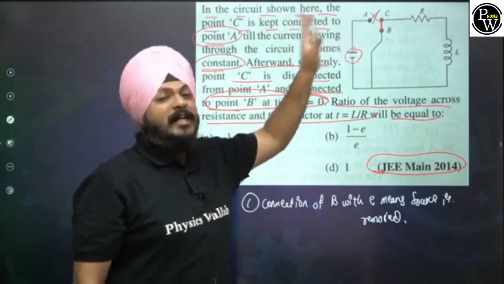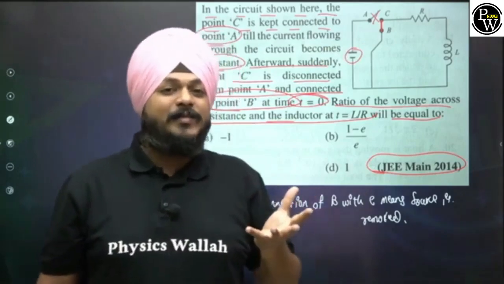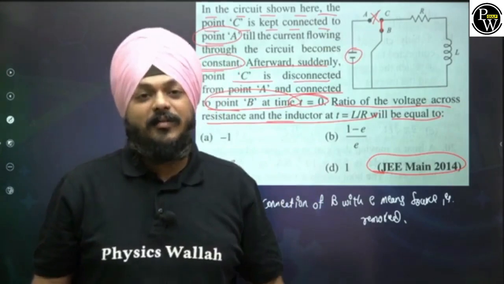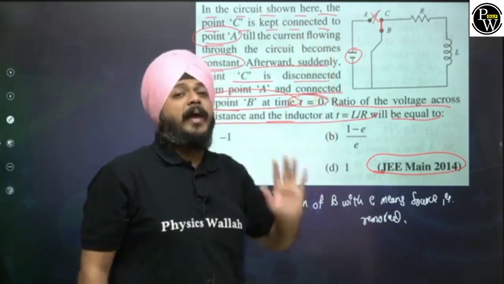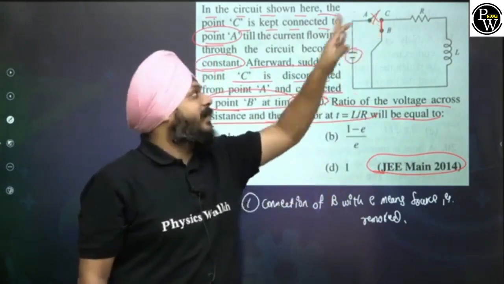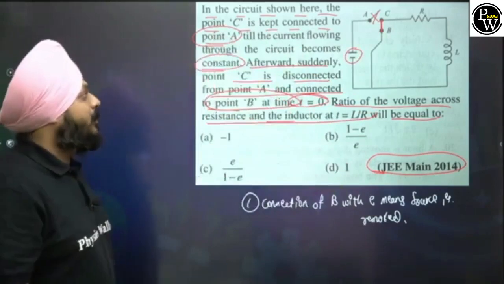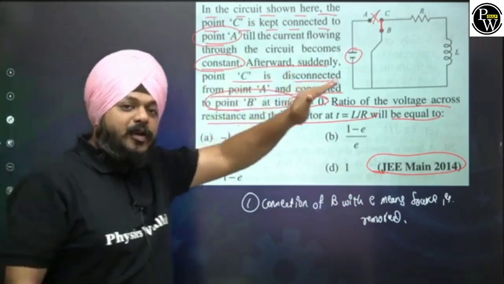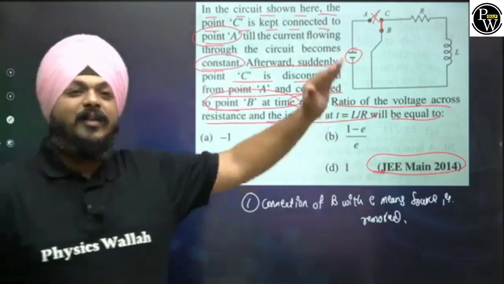When A was connected to C, current was rising because of the mathematical expression I is equal to I0 times 1 minus e to the power minus tR by L. Now suddenly, when it was about to reach the maximum value, this was disconnected and the connection between B and C was made. Source is removed. It means now decay of current will occur.